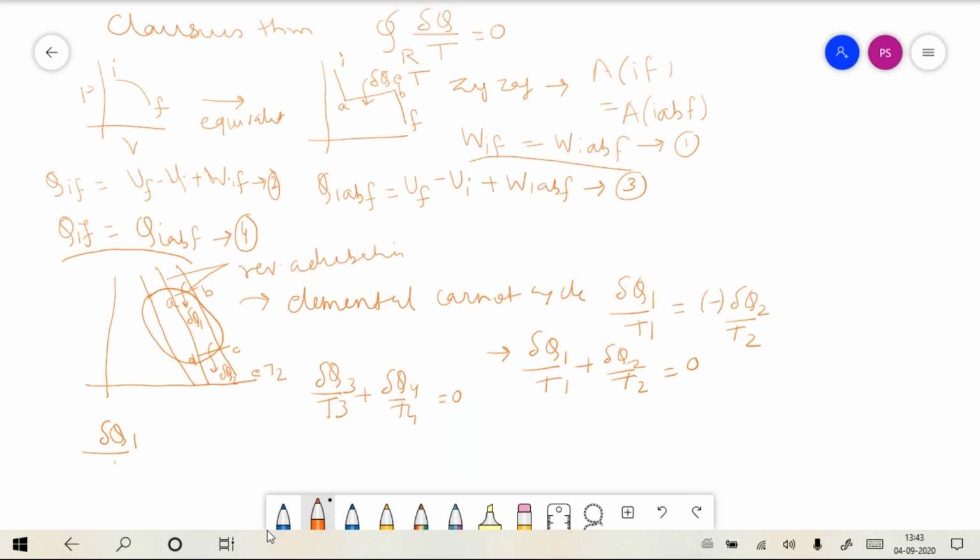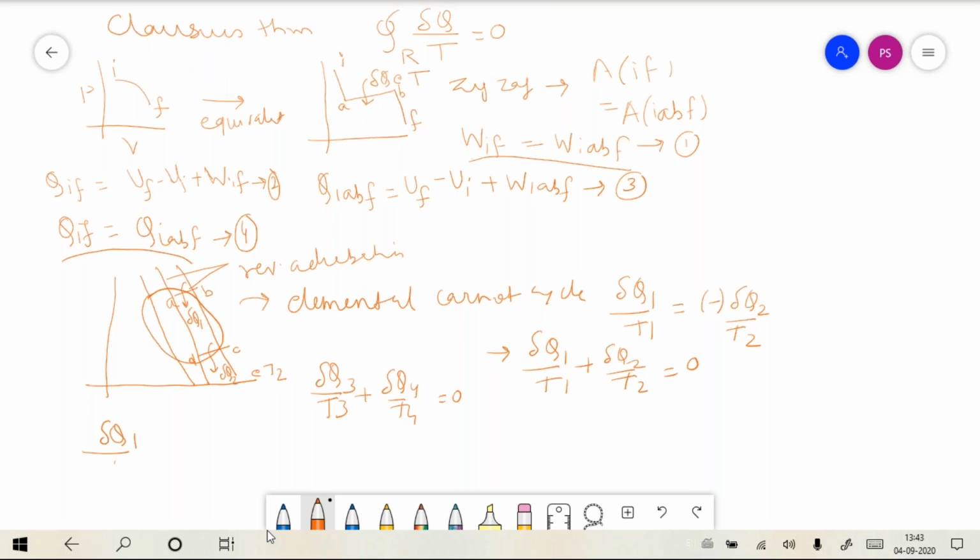Summing up is nothing but integrating it over the cycle. The way of writing it in mathematics is: the cyclic integral of del Q by T is equal to 0, which is called the Clausius theorem. And from this theorem, we would be discovering a property called entropy.